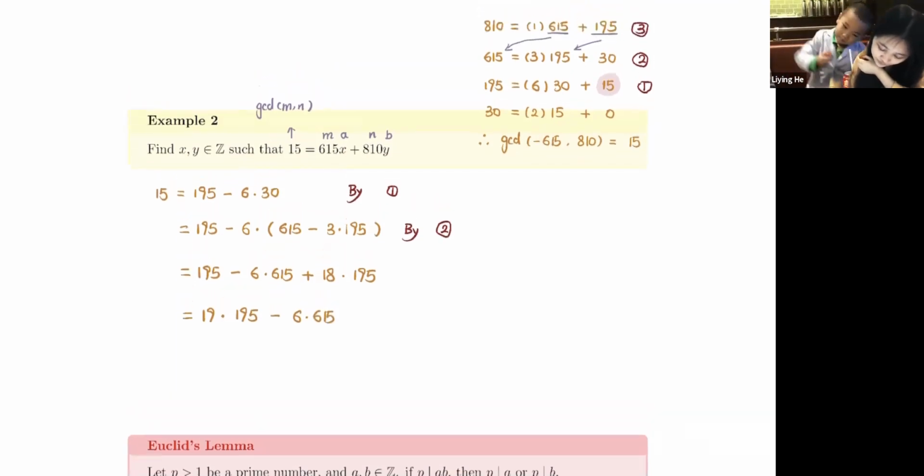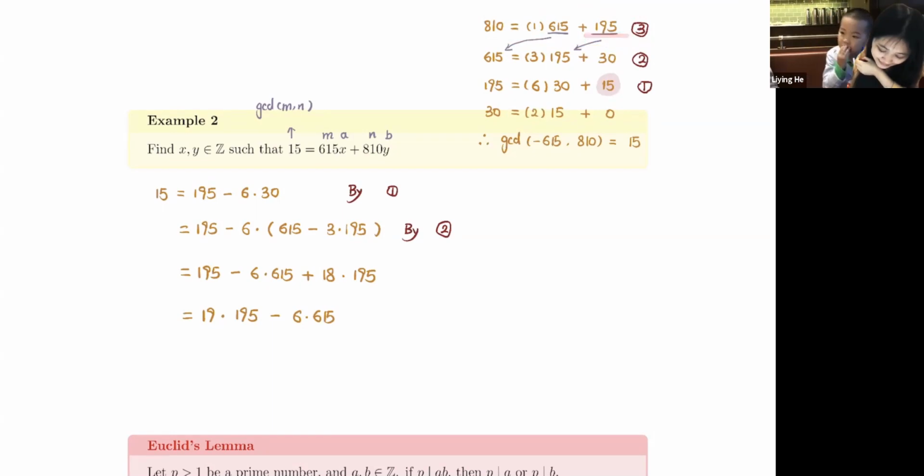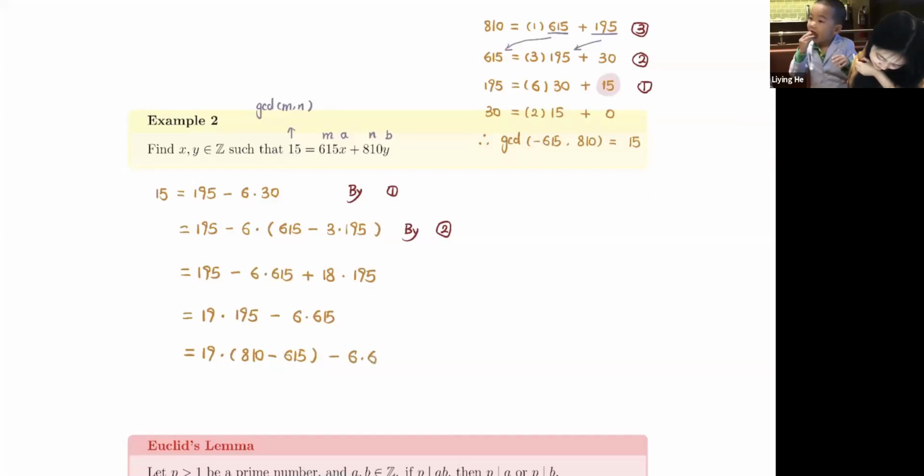Well, if you look at equation 3 here, we can rearrange this equation and write 195 as 810 minus 615. So this equals 19 times (810 minus 615) minus 6 times 615. So this is by 3.